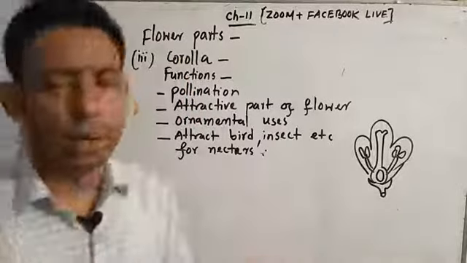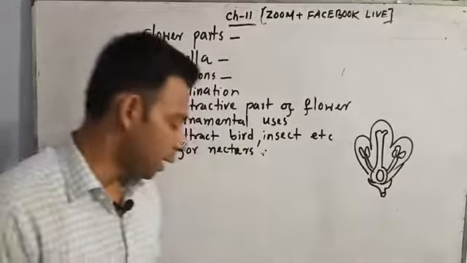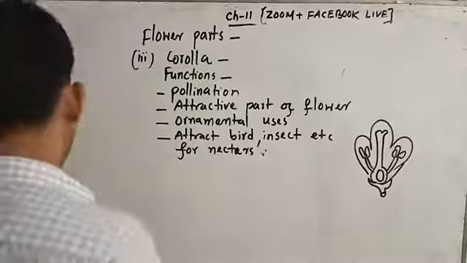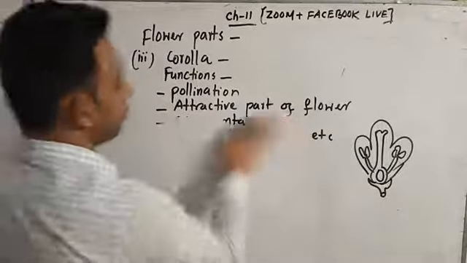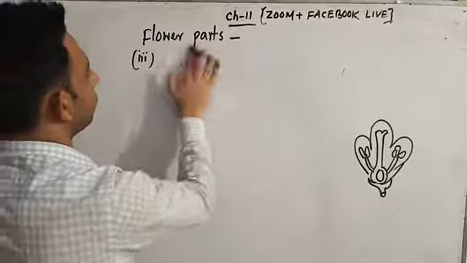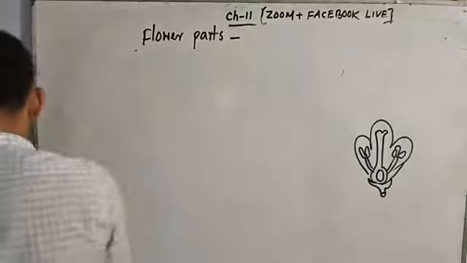So normally we can write accordingly. This is the corolla, and now the fourth part is the androecium. Androecium, number 4.